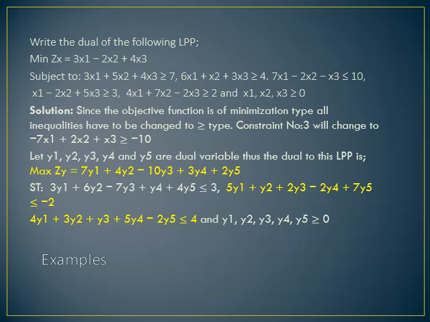The coefficients of these variables are 3, -2 and 4. The constraints are 1, 2, 3, 4, 5. This LPP has 5 constraints, respectively 5 constants.